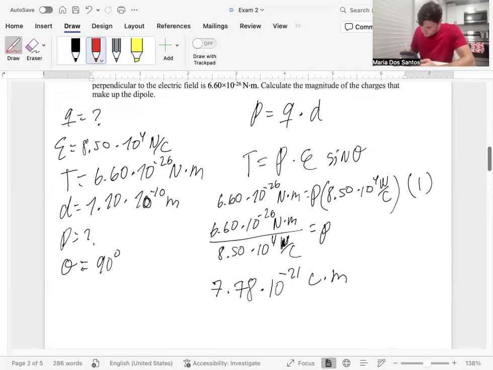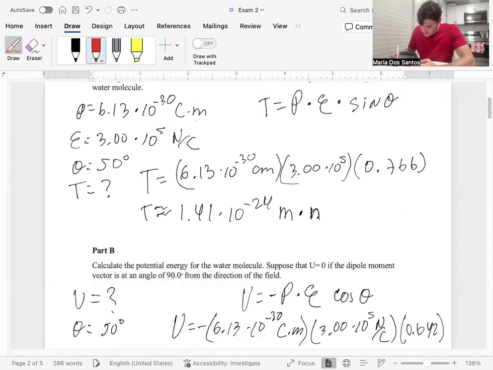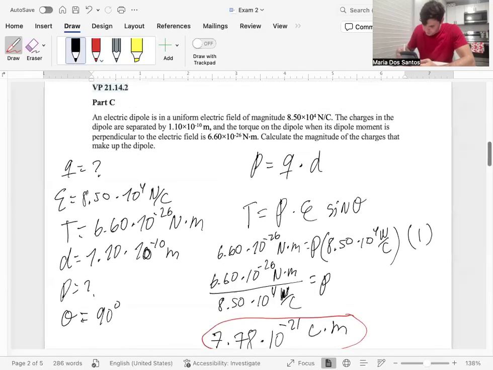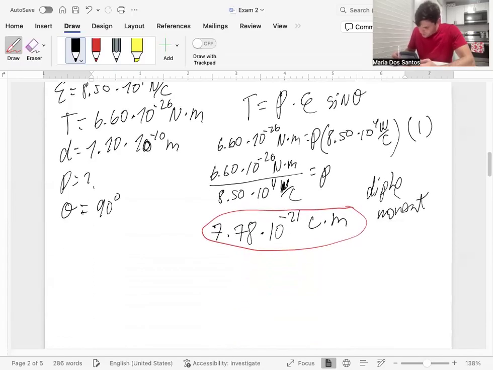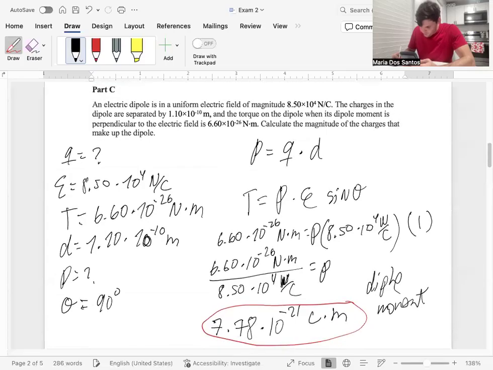This will be the dipole moment. And now with this information, we should be able to find our charge.